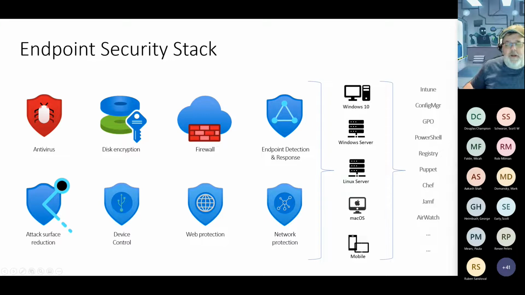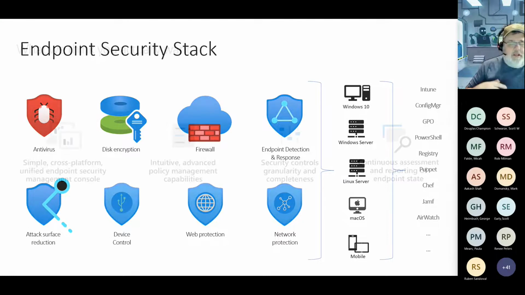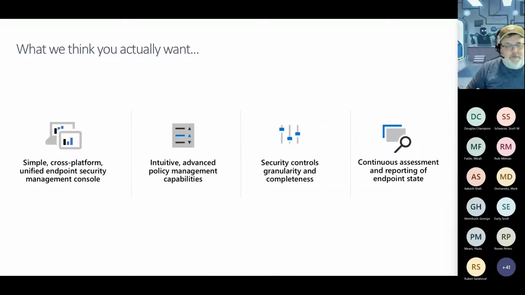Today, the way you actually manage a lot of this is through things like Intune, ConfigMan, Microsoft Endpoint Manager, Group Policy, other third-party products as well. So what we think you want from a customer's perspective is a simple, cross-platform way of pushing out settings. So like today, for instance, if you have a Windows server, or a non-domain joined or an unmanaged machine, you deploy Defender for Endpoint.